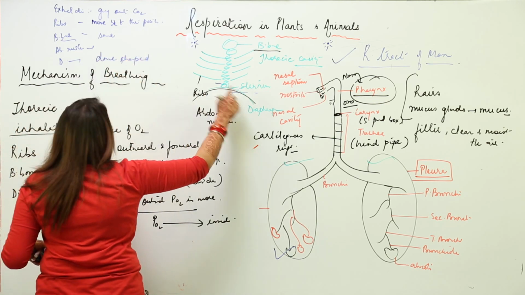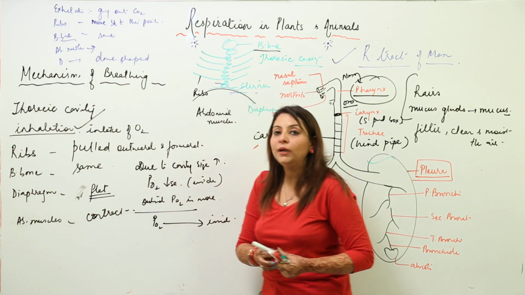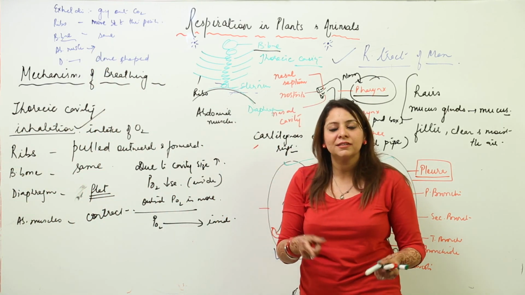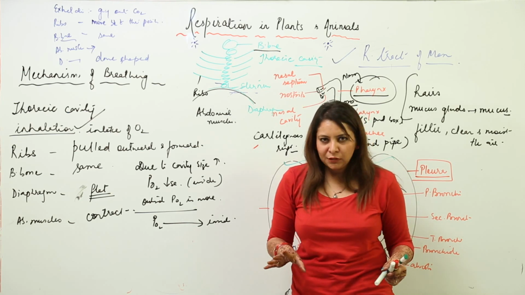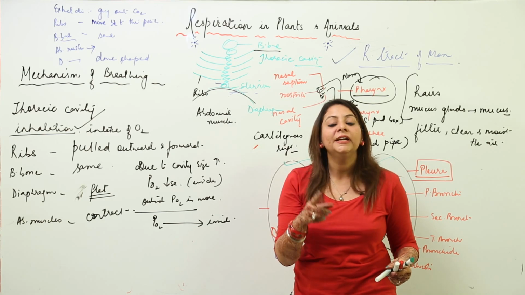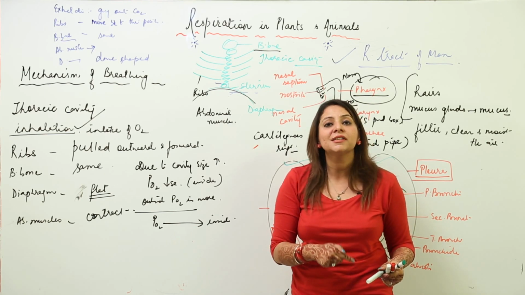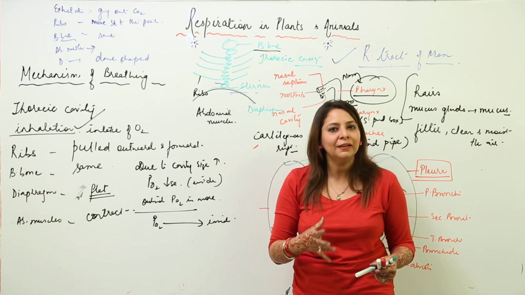So the diaphragm again becomes dome shaped. And abdominal muscles: when I told you to hold the breath while inhaling, after a few minutes you were not able to hold it because something here was paining you. That is the abdominal muscles, because when you are inhaling, your muscles are contracting. But once you breathe out, the muscles relax.